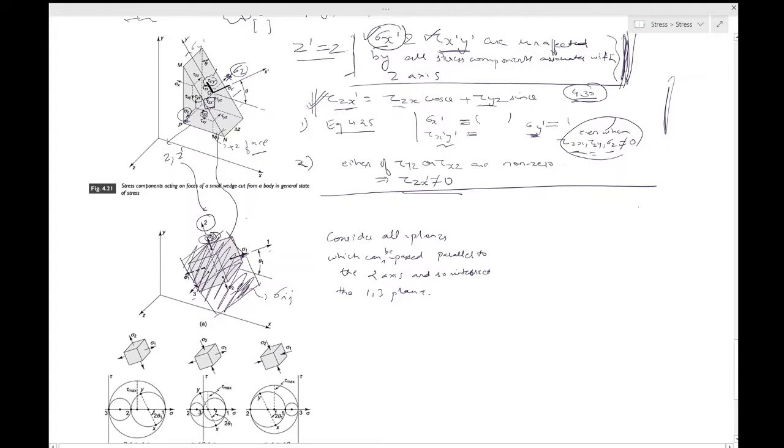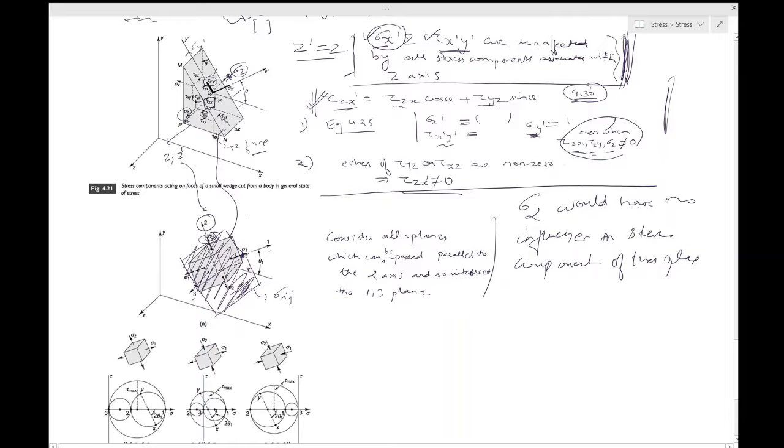So this inclined plane is parallel to the z axis, this incline is parallel to the 2 axis. That is how this statement is written, that the stress sigma 2 would have no influence on stress components of these planes.